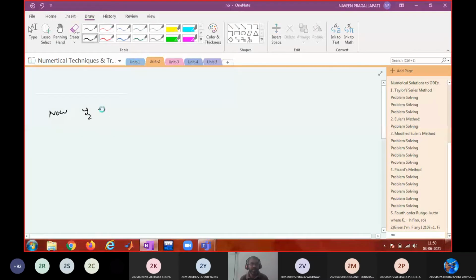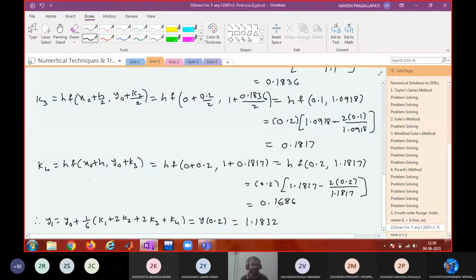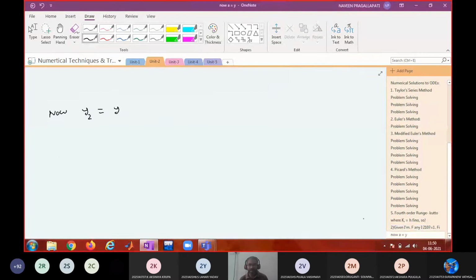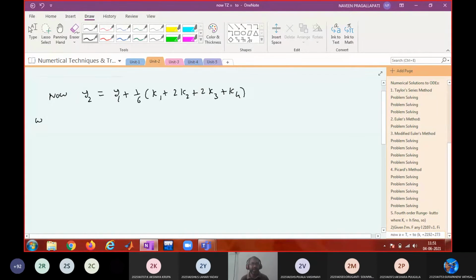Now y2 is equal to y1 plus 1 by 6 times k1 plus 2k2 plus 2k3 plus k4. We wrote y1 in terms of y0, so y2 is to be written in terms of y1, which we obtained previously.